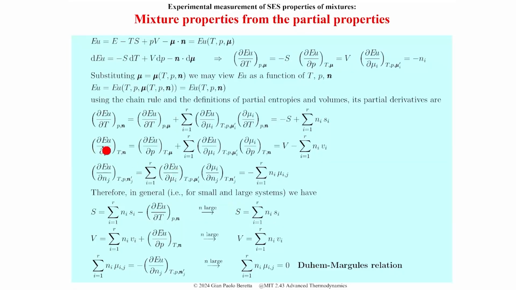And here you can play the same game also for the volume. We skip this. We can play the same game also when I do the partial derivative of Euler with respect to the amounts of one of the constituents.